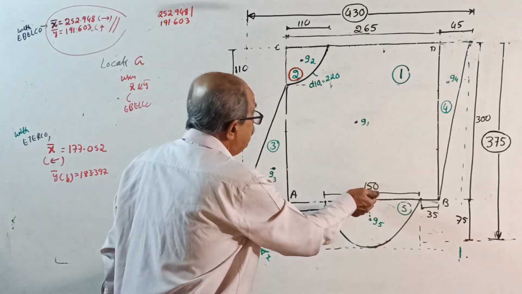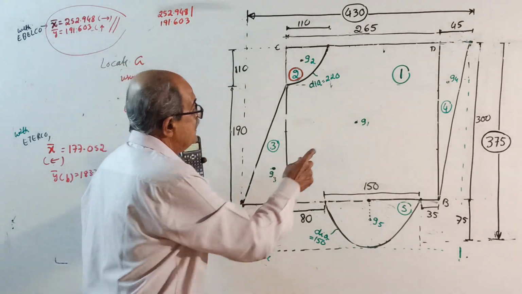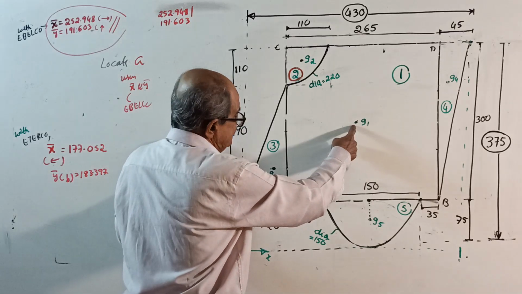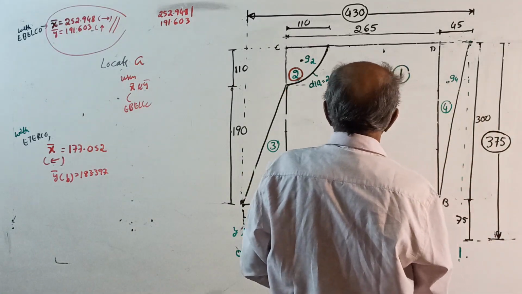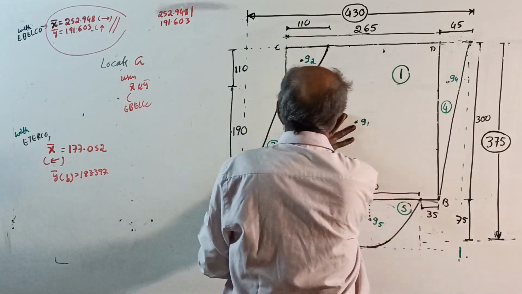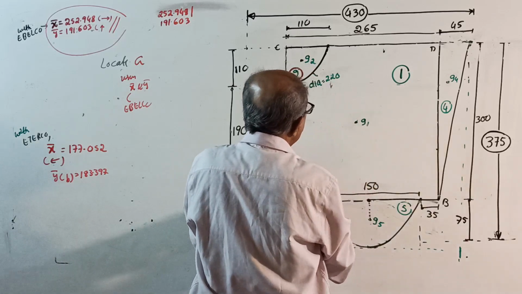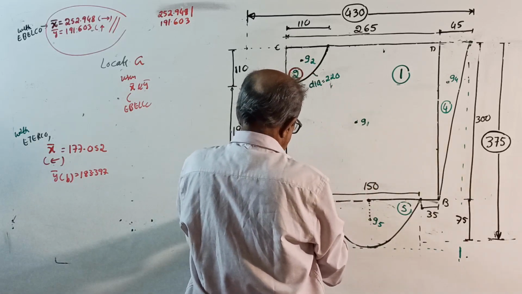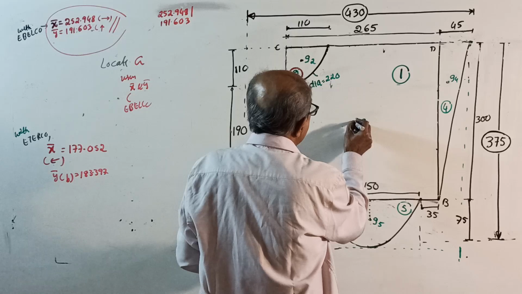Now there is a little scale problem. The G1 should have been shifted slightly to this side to make it further. If I shift, it looks very ugly actually. Okay, slightly I will shift G1, the centroid of the rectangle.